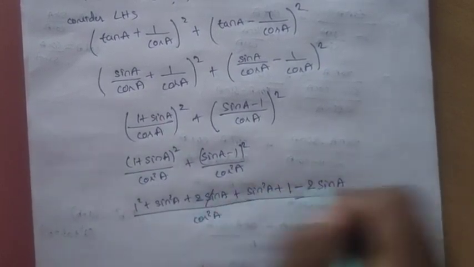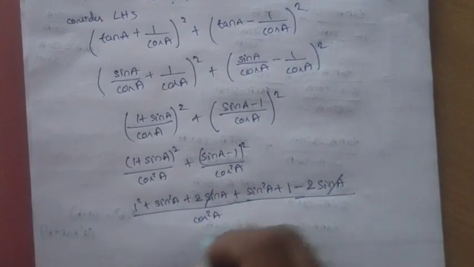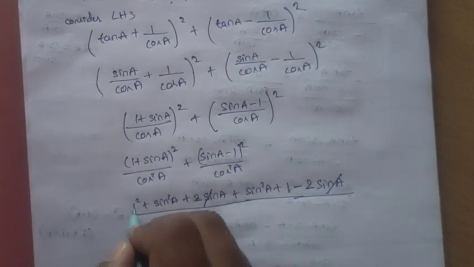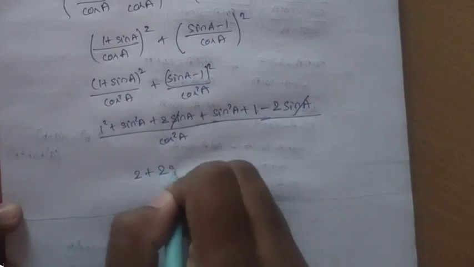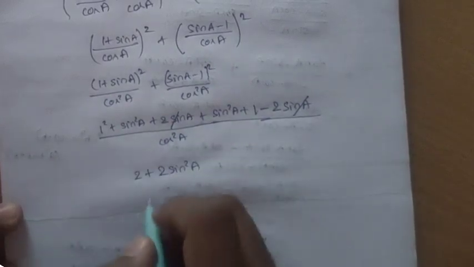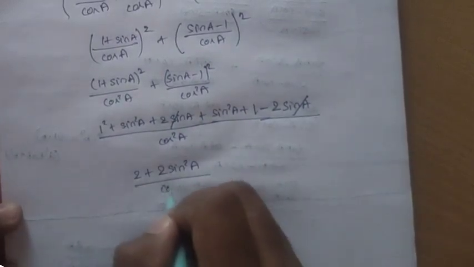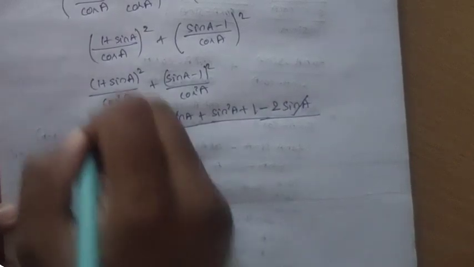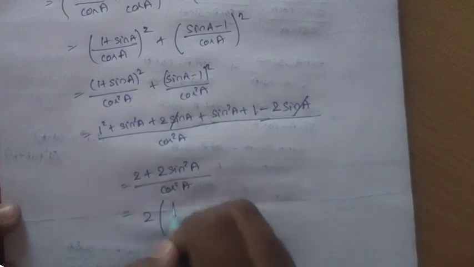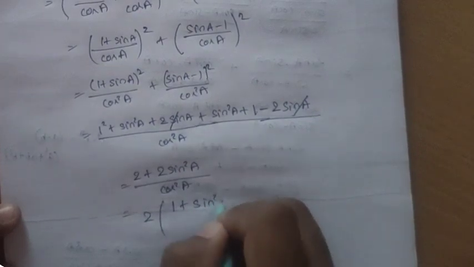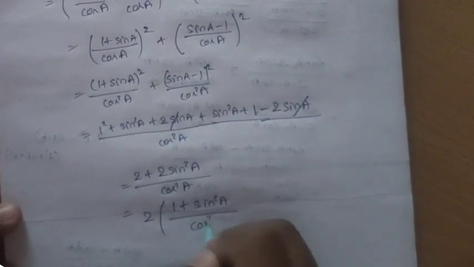Here plus 2 sin a and minus 2 sin a get cancelled. Now the remaining thing is 1 plus 1, 2, plus 2 sin square a. If we take 2 common, whole divided by cos square a, the remaining thing is 2 into (1 plus sin square a) divided by cos square a.